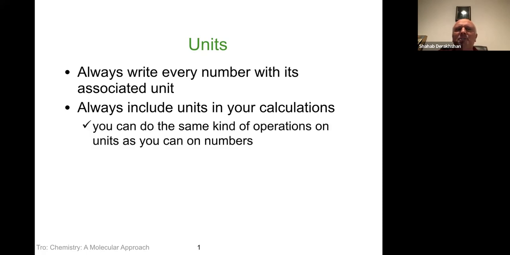When you are doing the calculations, you also follow with your units. So you keep an eye on your units when you are doing the mathematical operations. The way that you are doing operations is the same as the numbers. So when you are adding two objects in terms of their units, you add those units as well. And when you are multiplying, you multiply them.